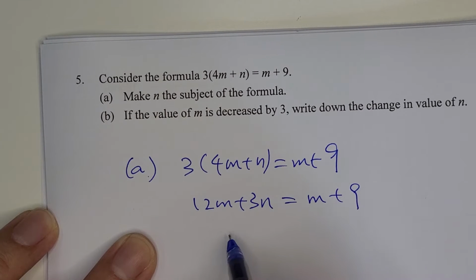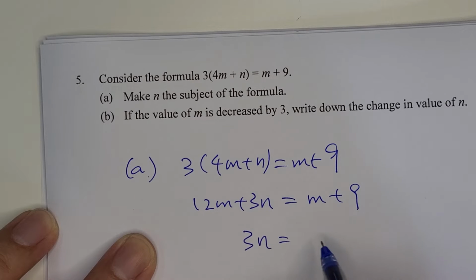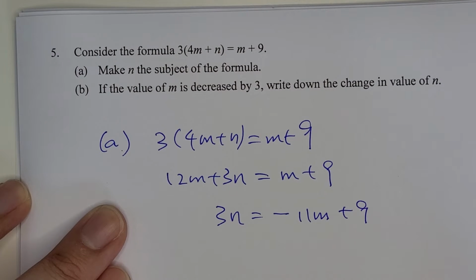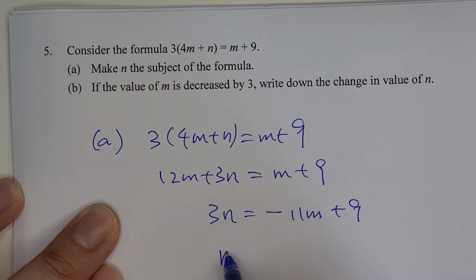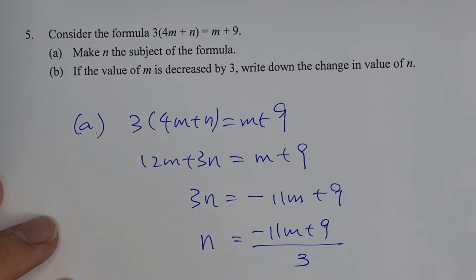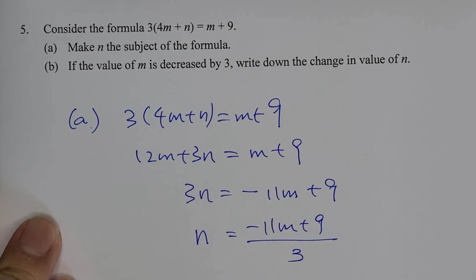So 3n equals negative 11m plus 9. And finally, both sides divided by 3, and n is equal to negative 11m plus 9 over 3. So that's the answer of part A.